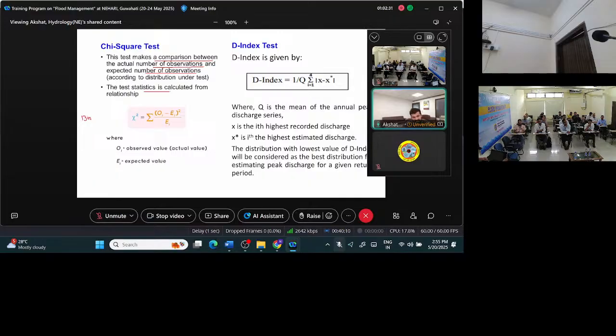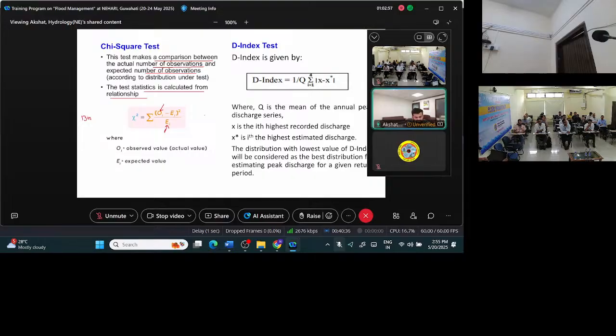So the test statistics are calculated from that relationship only. The chi-square value is computed by observed minus expected, whole square, upon expected value. Expected value comes from the distribution which we are trying to fit, whereas observed value comes from the data we have.